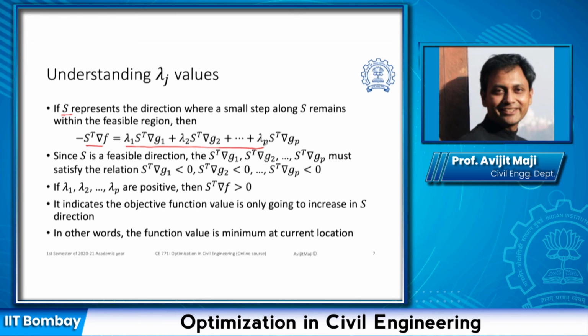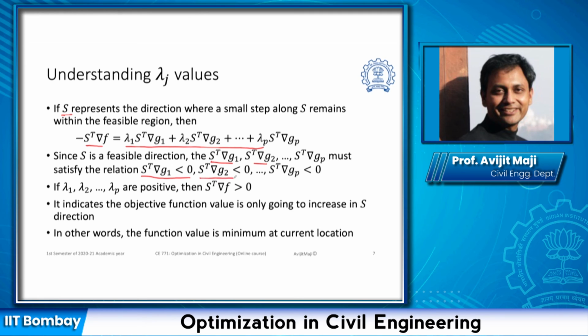Now, as we said, the search direction is a feasible direction where we can take a small step along that direction without leaving the feasible search space, which means that when we pre-multiply the search direction with the gradient of the constraints, it must satisfy the relation of the constraints, which are less than 0, as those constraints were considered at the beginning.